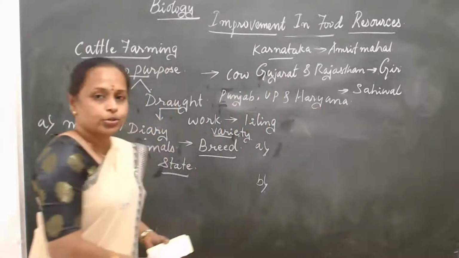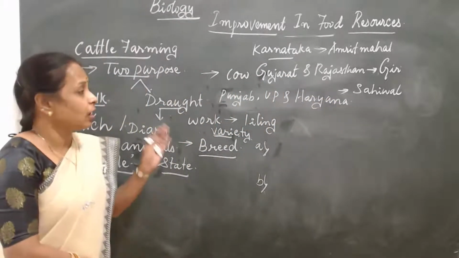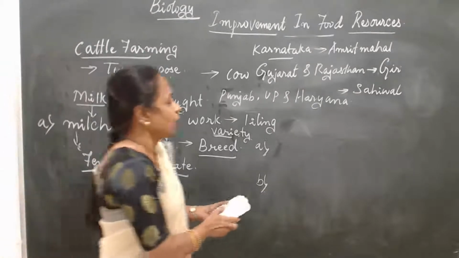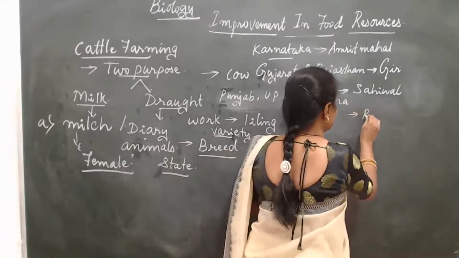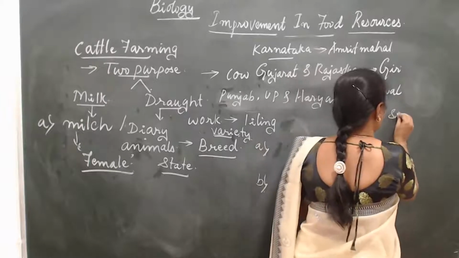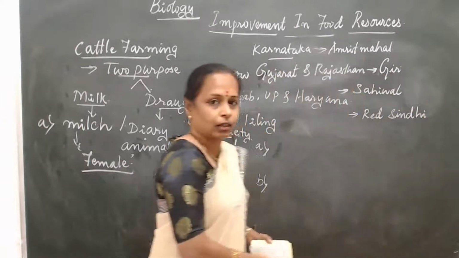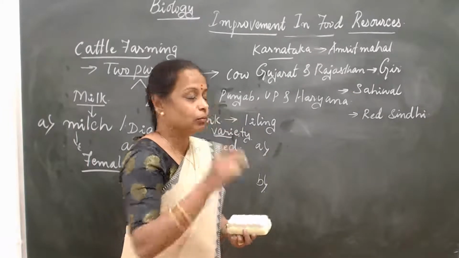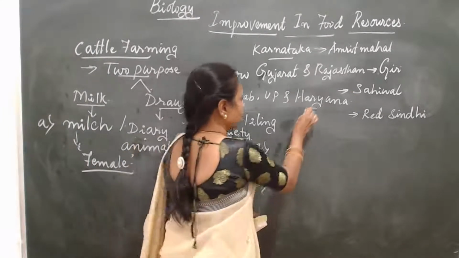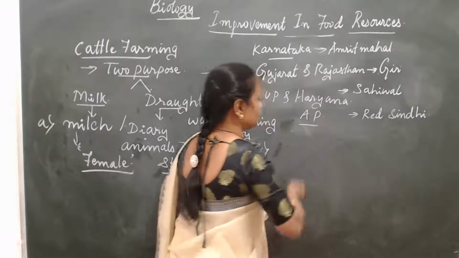Okay? So you should remember how they change state-wise. And one more is Red Sindhi. Many times we use the word only Sindhi. That is the Red Sindhi because of the coloration of the body. It is found in Andhra.